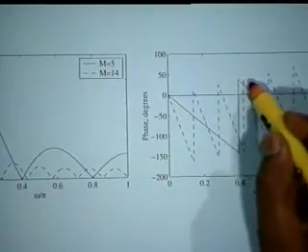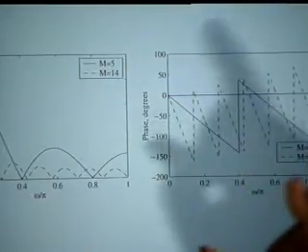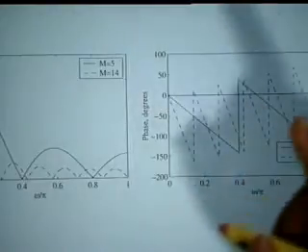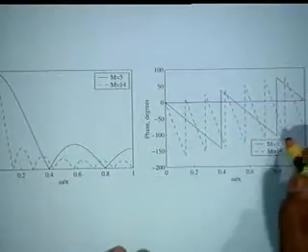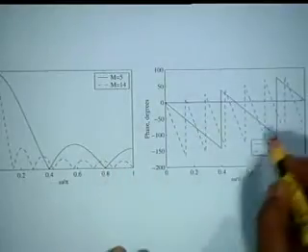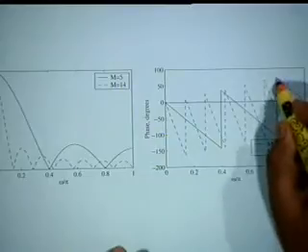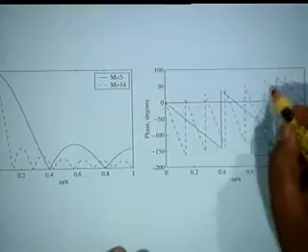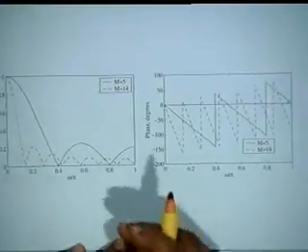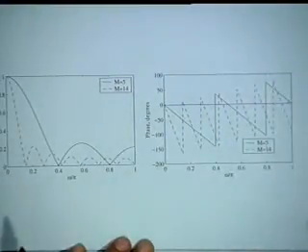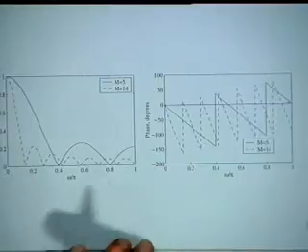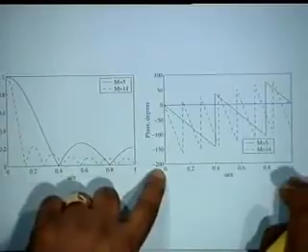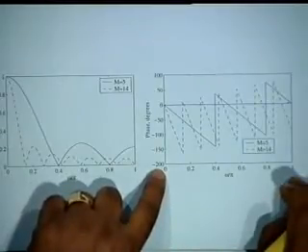For how long? When it remains negative, the phase is controlled by that term minus ω(M minus 1) by 2. So it comes down again. These two lines are parallel. Then at the next transition, 0.8, again another pi is added. So the phase becomes a triangular waveform with a rising tendency. Okay? The phase is not minus ω(M minus 1) by 2. You have to state the phase within the range of vision. Okay? Is this point clear?